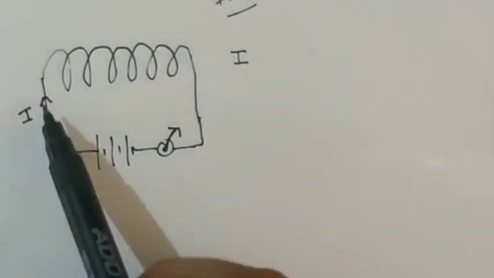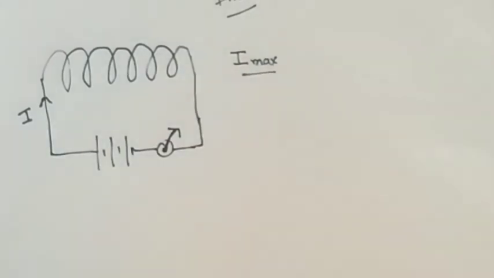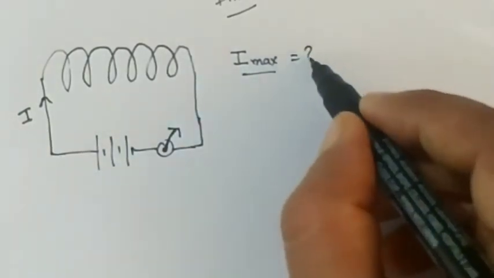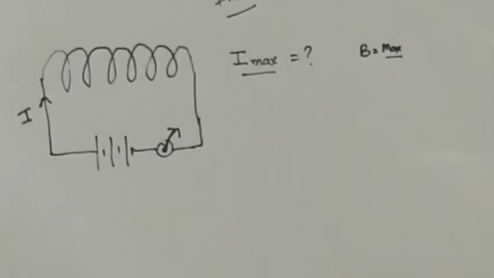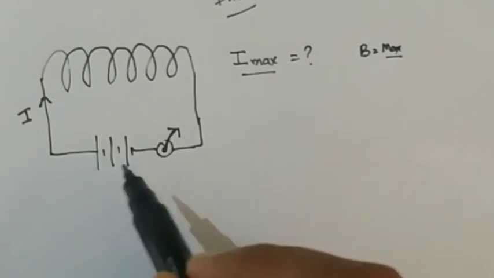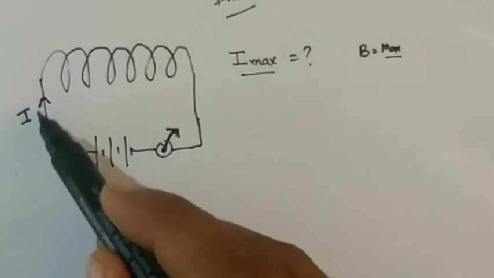The current in this circuit is maximum. It has reached the maximum value, so current is there and the magnetic field is also maximum. Now further, if I remove this key, the current starts decreasing.